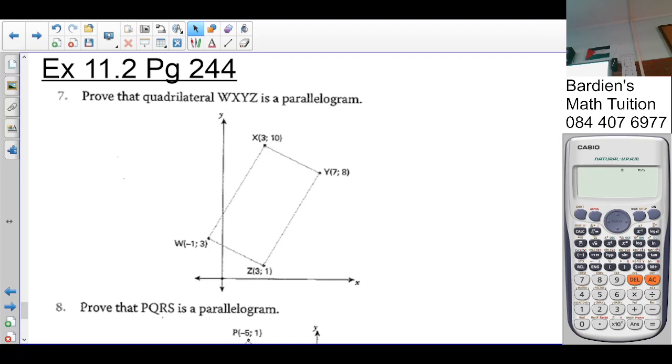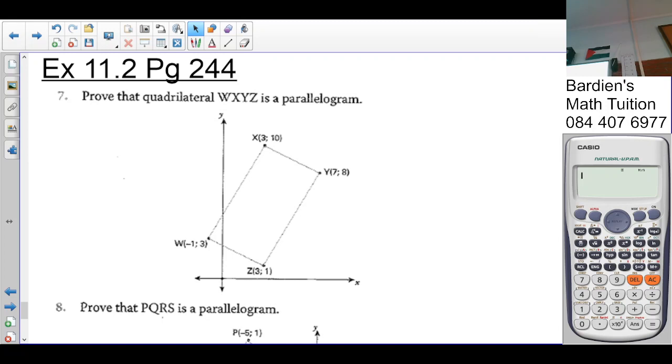Two pairs of opposite sides are equal. Two pairs of opposite sides are parallel. The diagonals bisect each other. Opposite angles are equal. And also to prove a parallelogram, we can prove that one pair of opposite sides are equal and parallel. If we can do that, we've done the job.